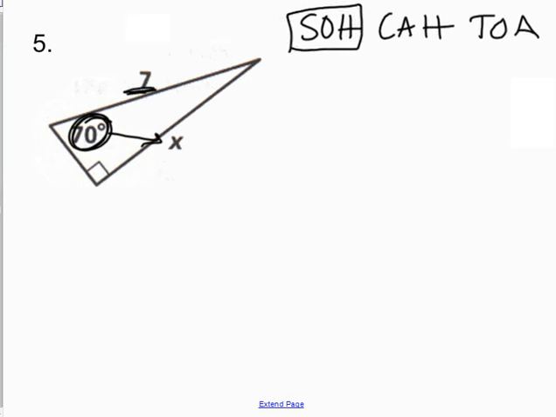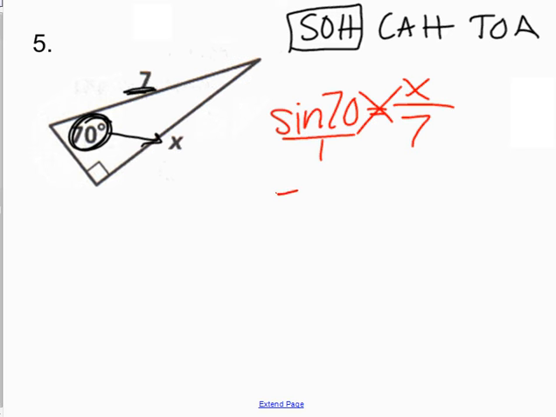Okay, so the sine of 70 equals the opposite side over the hypotenuse. Cross multiply. 7 times the sine of 70 equals x. So you only have to type that into your calculator, and you end up with x equals 6.6. Again, rounded to the nearest tenth.